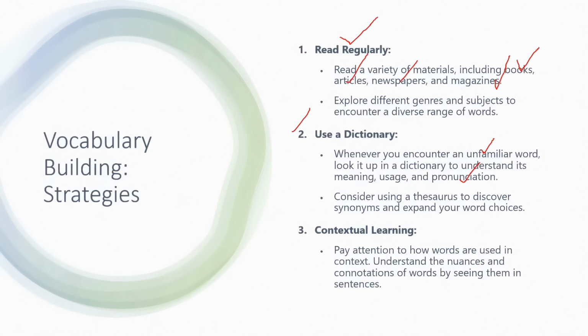One is through communication with the natives, and the second is the dictionary. If you encounter a new word and you don't know the meaning, how it is pronounced, what its etymology is, and how it can be used, the best way is to use a dictionary.